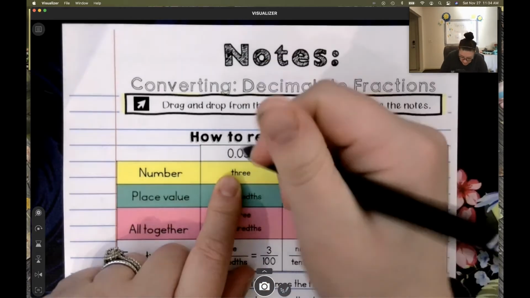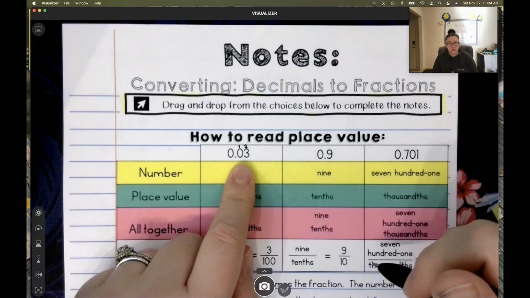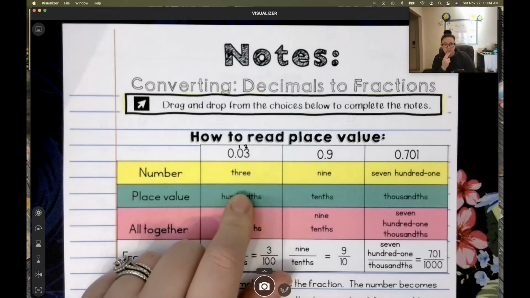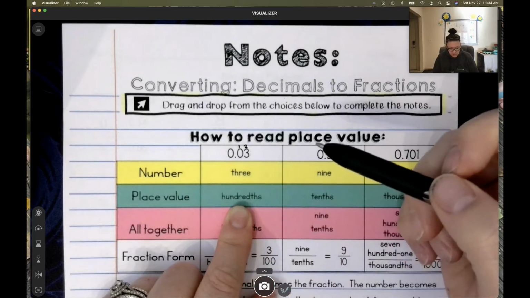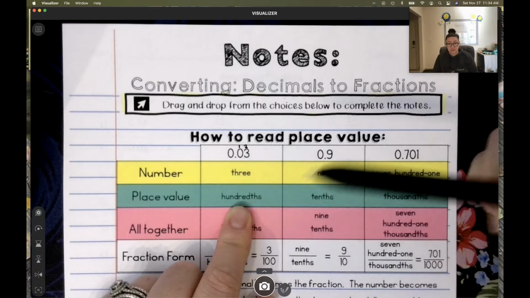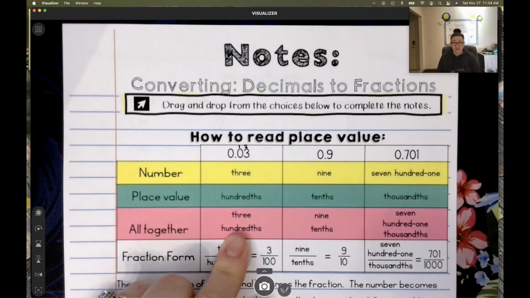Here I see I have 2 numbers after the decimal. What place value has 2 numbers after the decimal? Hundredths. So the way that we would read this number is 3 hundredths. And now we just take that information and put it into a fraction.